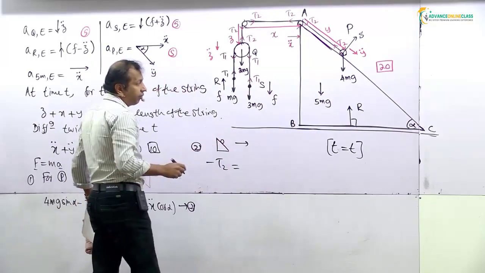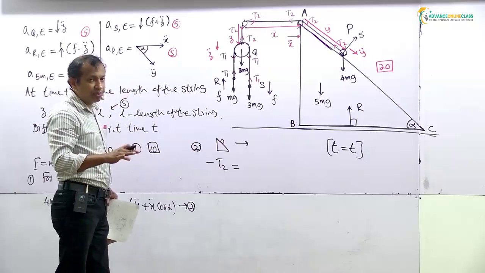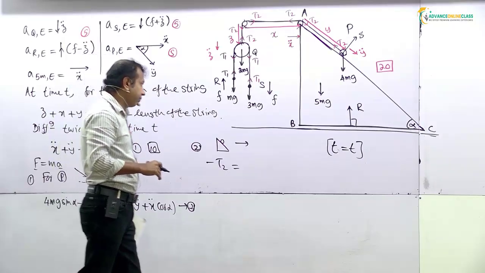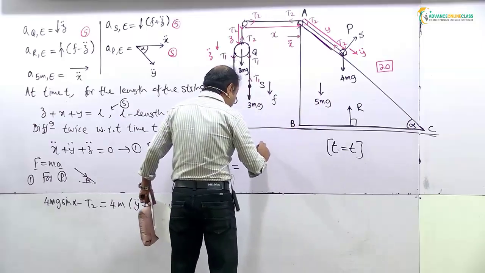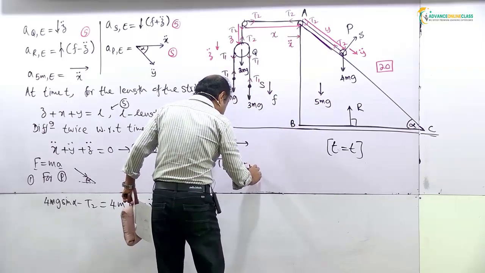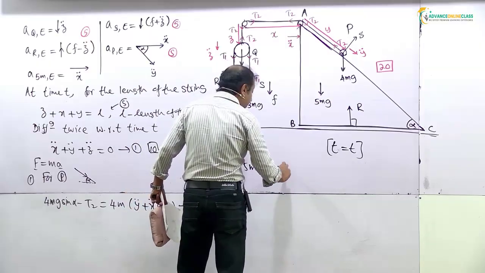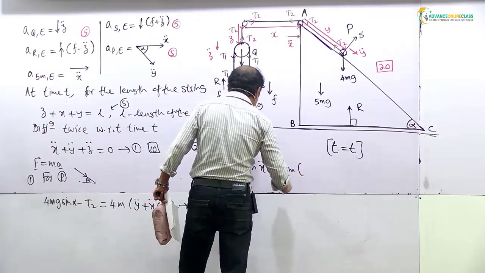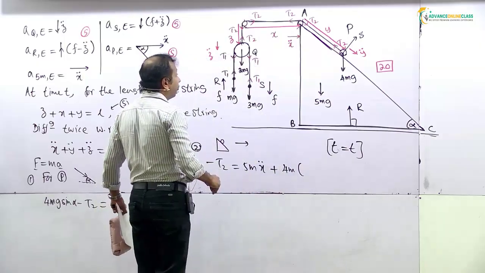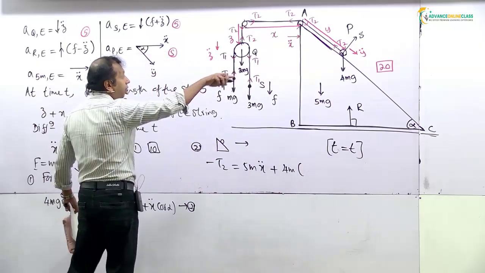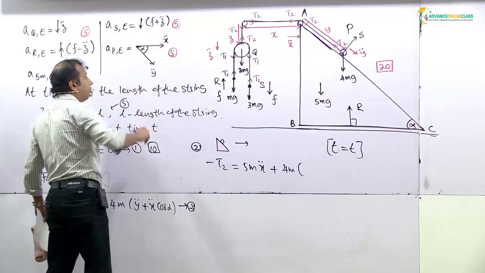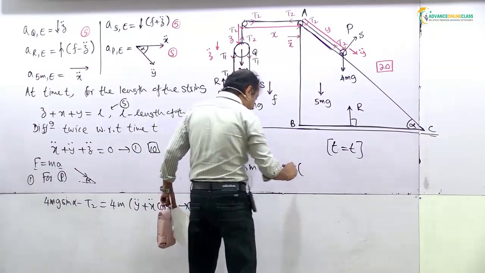Now, on the right hand side, we must write the sum of the products of mass and acceleration. First, mass of wedge 5m, its acceleration is x double dot, and 4m, the acceleration of P relative to earth, horizontal rightward, x double dot plus y double dot cos alpha.